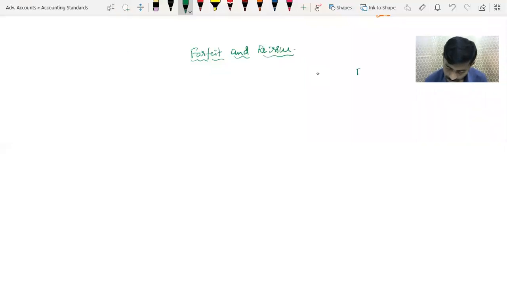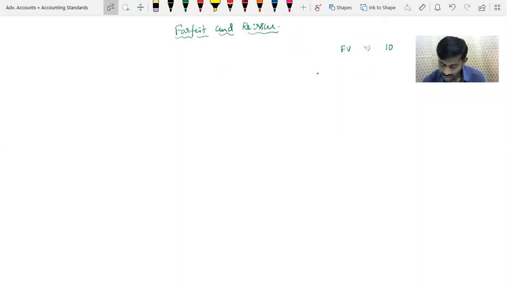Now, at the time of forfeit, look out. I have issued shares, for example, with face value of 10. Application 2 rupees, allotment 3 rupees.